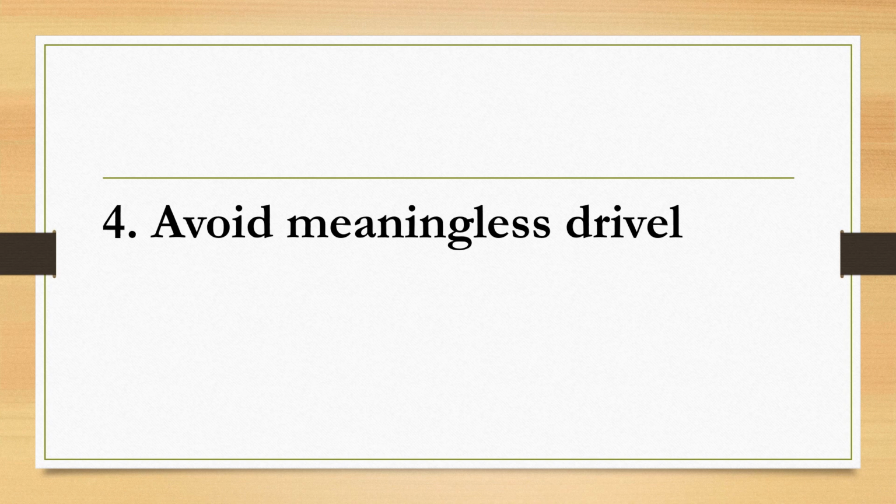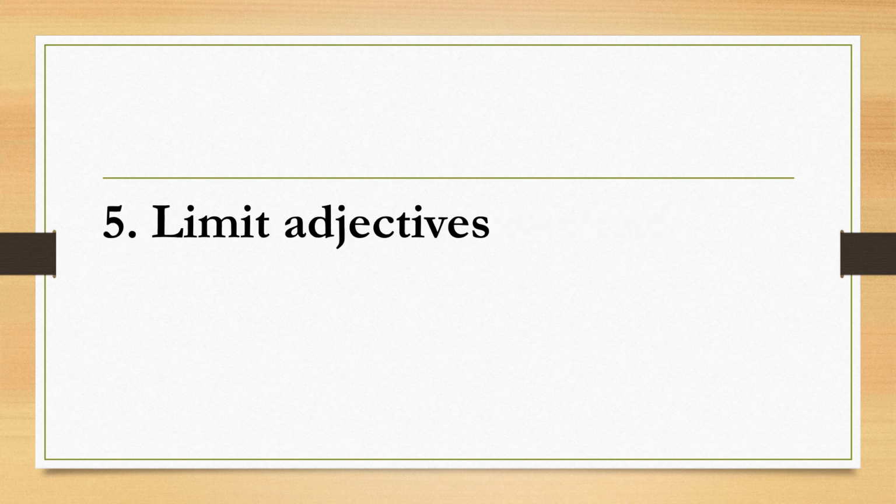And the next way through which you can do that is through limiting adjectives. Let me explain. Adjectives help us to explain what our products look like in appearance, what they do in terms of features, and how they make our buyers feel, that is, the benefits. So in moderation, adjectives are quite useful.